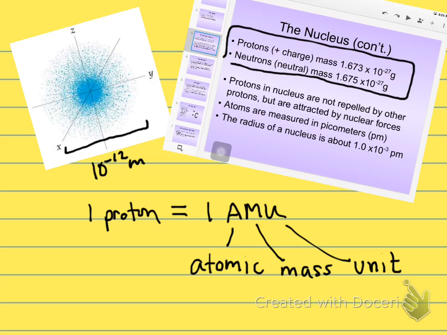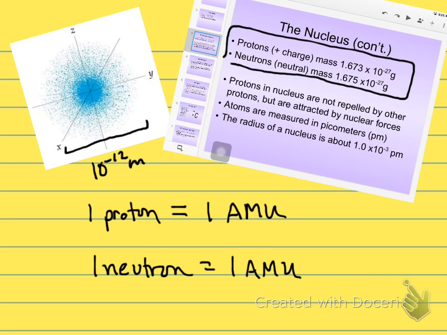So we say that one proton has a mass of 1 atomic mass unit. Well, since protons and neutrons are so darned close to identical, we say that one neutron also has a mass of 1 AMU, 1 atomic mass unit.